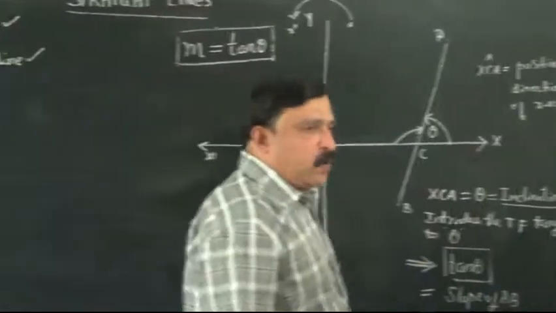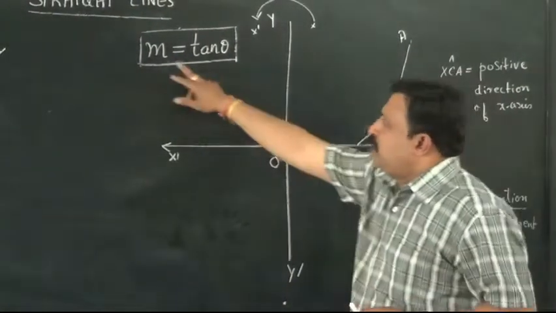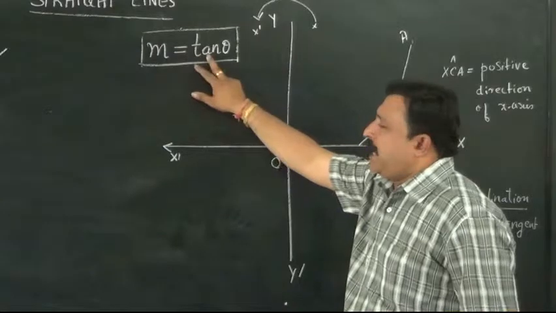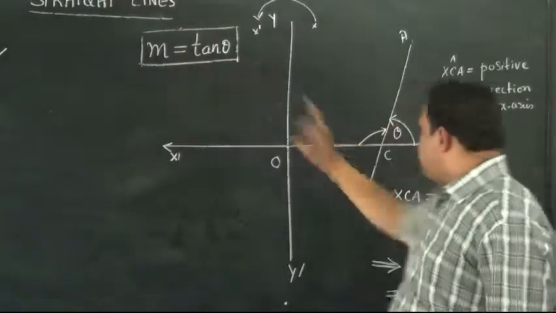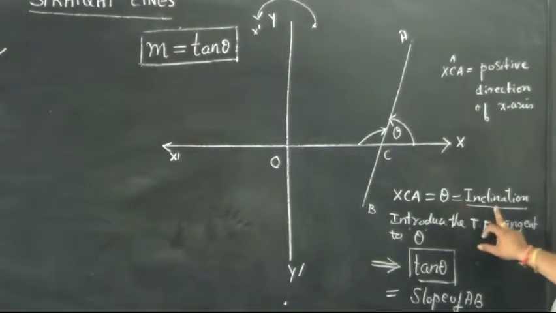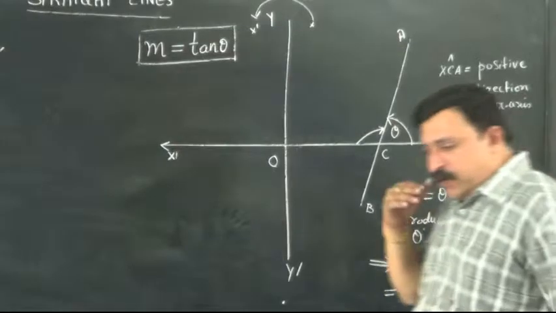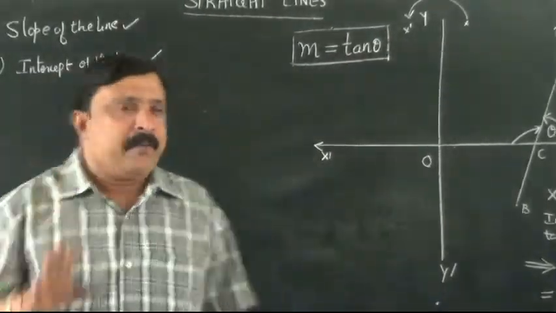So remember, what is meant by slope of a straight line? If you want to talk about the slope, then you should have the trigonometric function tangent of inclination, because theta is called as inclination. Theta is the inclination of the line. If you introduce tangent to the inclination, then whatever the value you get is called slope.